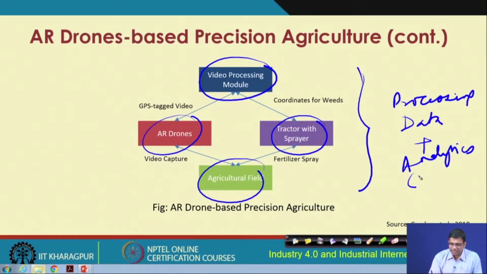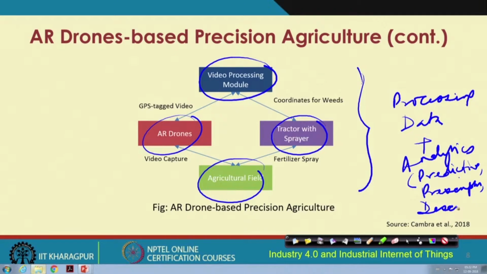These analytics could be predictive, or prescriptive, or descriptive. This architecture does not talk about so many different types of analytics, but gives a common architecture which we could extend to implement all these different types of analytics using their solution.